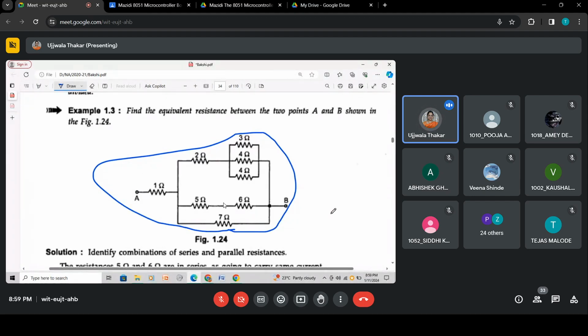Can you do it quickly? Can anyone do this quickly? Find the equivalent resistance between the points A and B. Who can tell me this answer? Then we will stop.